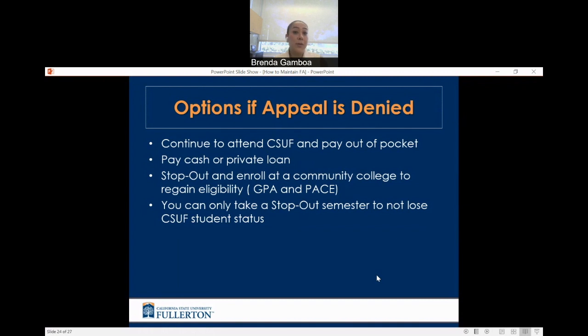You can also do a stop out and then enroll at a community college to regain eligibility on your own for your GPA and PACE only. And you can take a stop out semester to not lose your CSUF student status.